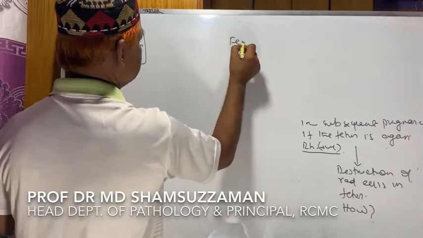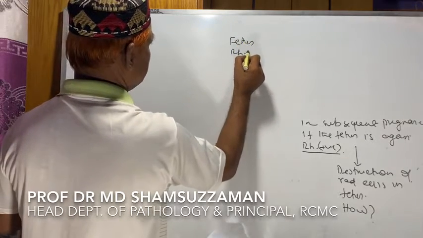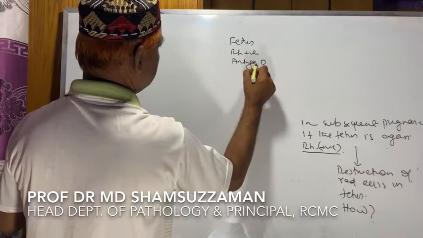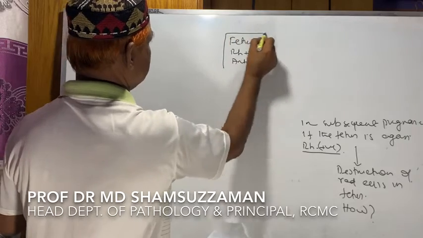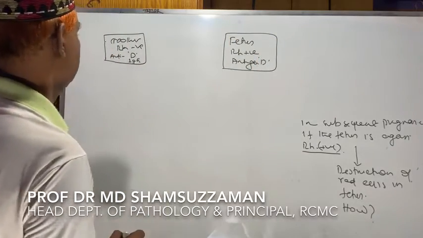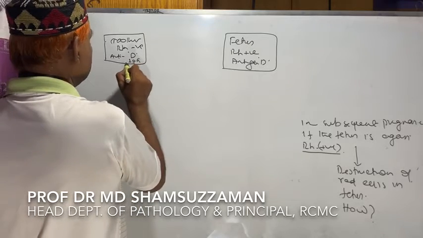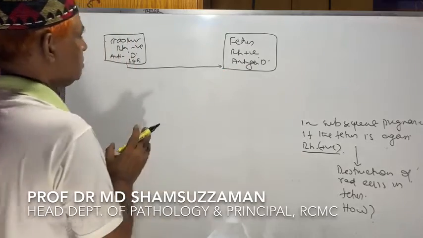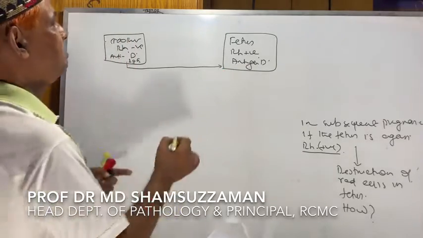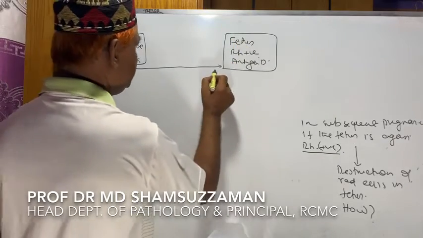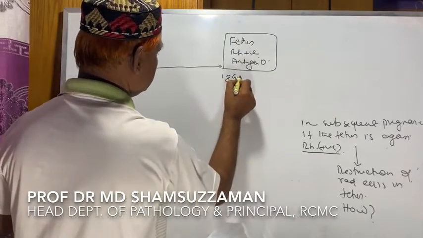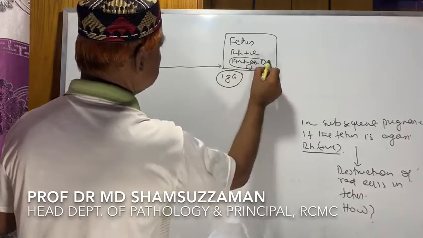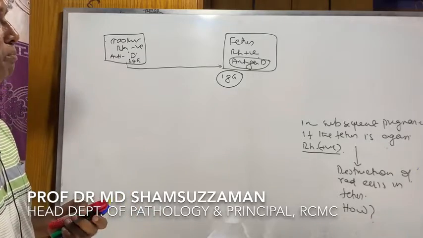If this is the fetus, Rh positive and has antigen D on the red cell membrane, from the mother the IgG antibody will cross the placenta and enter into the fetal blood. And this IgG coming into the fetal circulation binds with this antigen present on the red cell membrane.